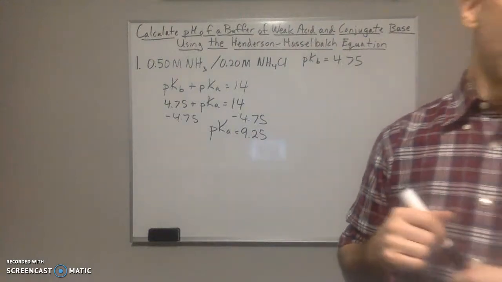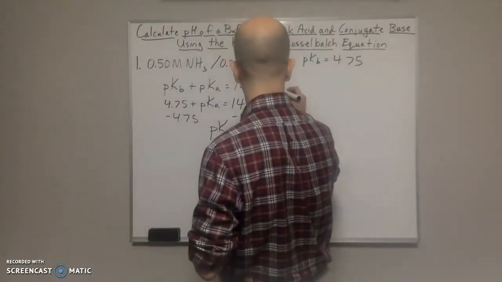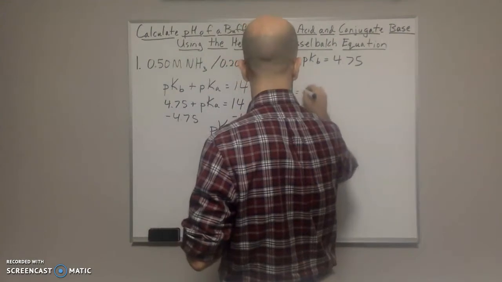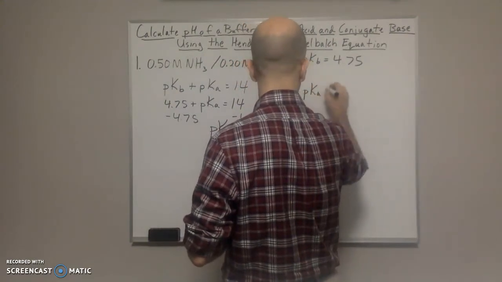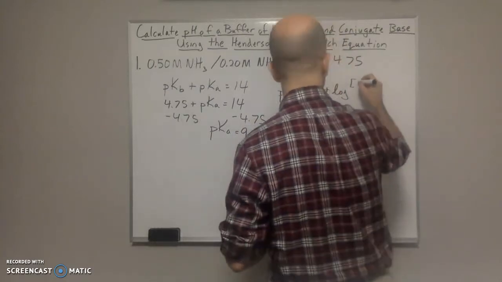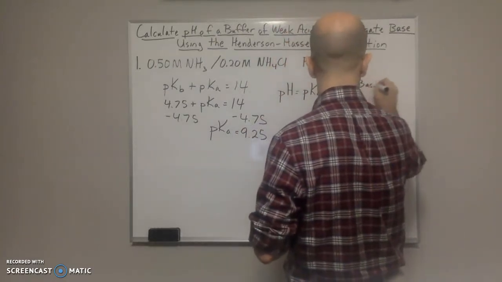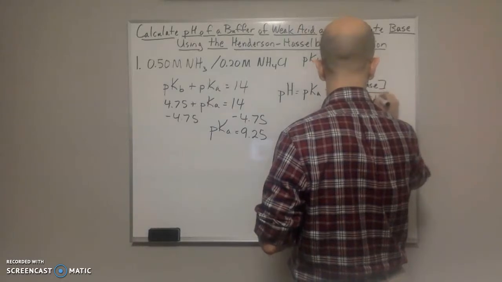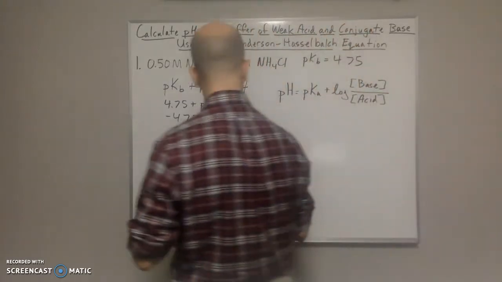Now we have to use our Henderson-Hasselbalch equation. The pH is equal to the pKa plus the log of the concentration of the base over the concentration of the acid.